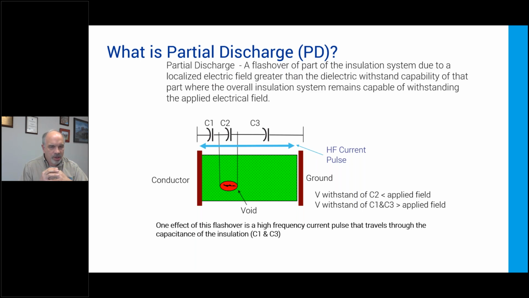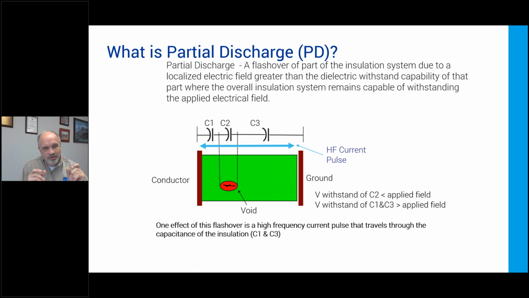That's that discharge. And so that one part of the insulation discharges, which means the gases around it ionize, the voltage on it drops very quickly from, say, 1,000 volts or 999 close to zero, as fast as the capacitance will allow. Now, we still have 3,000 volts between our conductor and our ground, so how are we resolving that issue? The voltage across C1 and C3 has to change to 1,500 volts each.